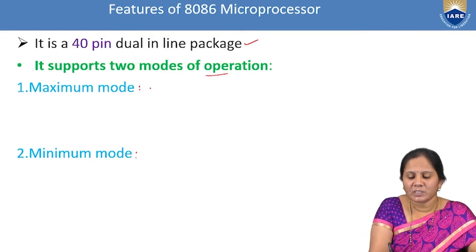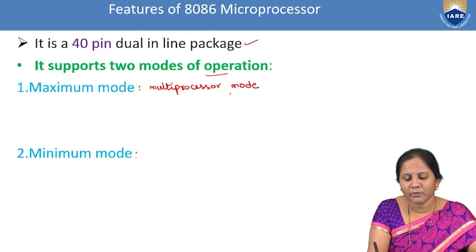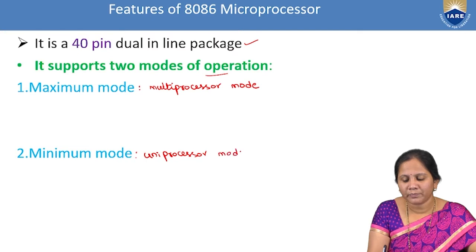So the maximum mode is called multiprocessor mode, whereas the minimum mode is called uniprocessor mode.